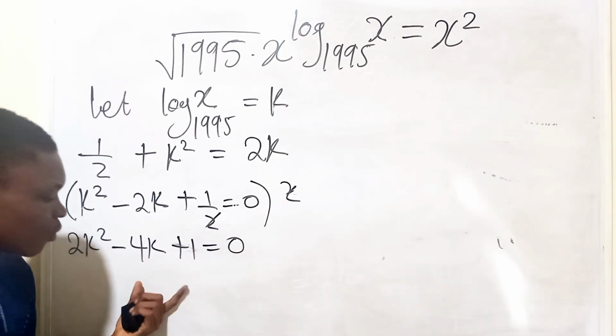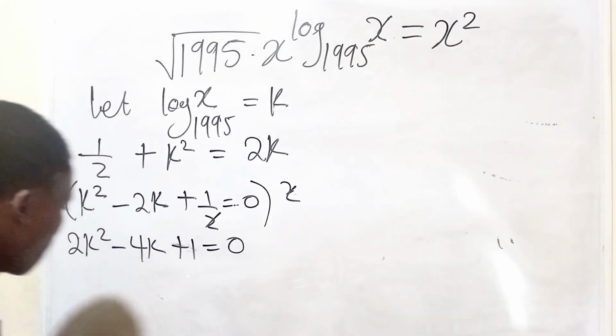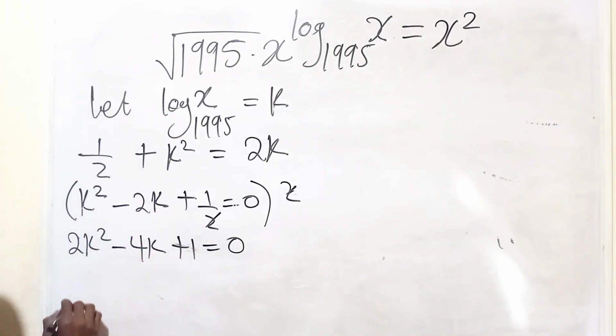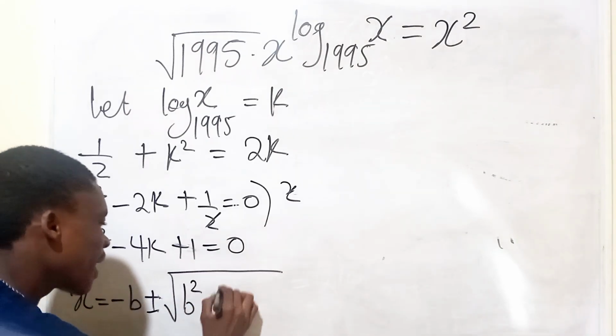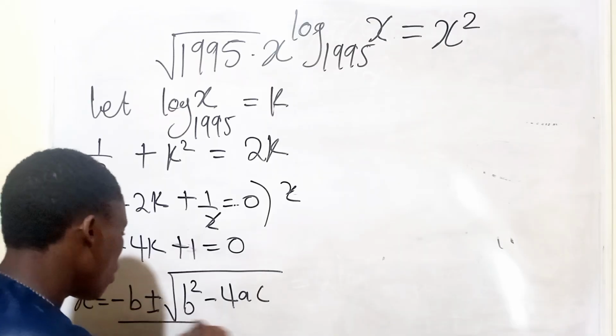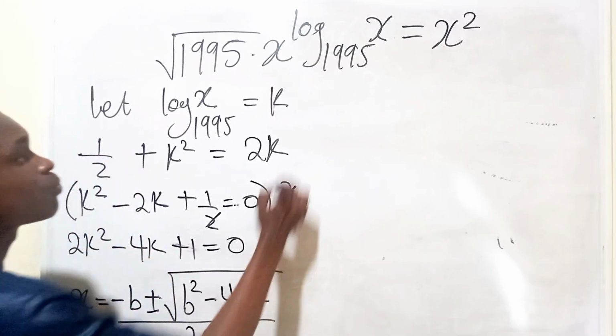Clearly, we are going to use the quadratic formula here. The quadratic formula says x equals minus b plus or minus the square root of b squared minus 4ac, all divided by 2a.